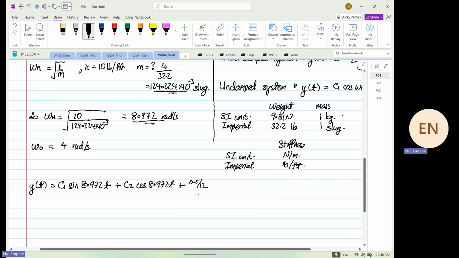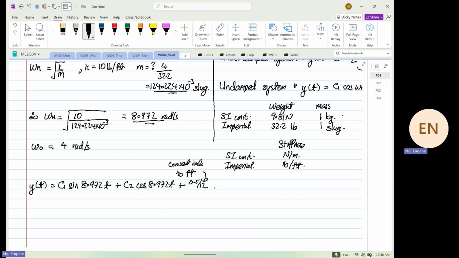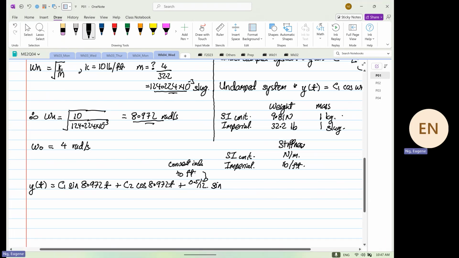You need to divide by 12 because we are converting inches to feet. Then this will be equal to sine omega naught t, which is 4t, divided by 1 minus omega naught over omega n, 4 over 8.972, the whole thing squared.